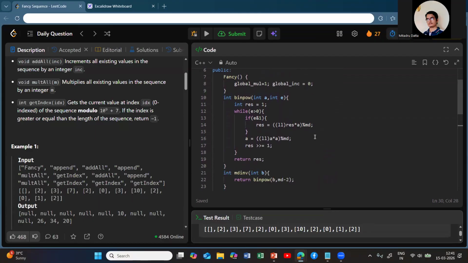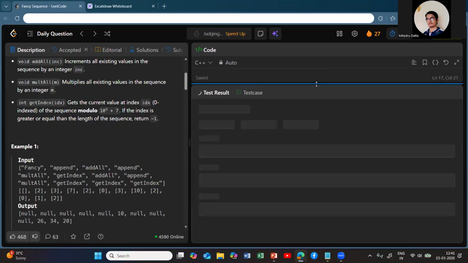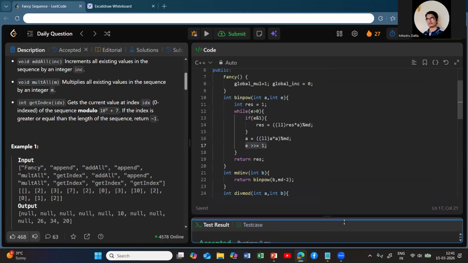You first initialize them. This is the binary exponentiation function. You have e greater than 0. Okay, I wrote this function wrong. Exponent is the thing which you are moving, right? Yeah, need to be careful while doing this. Yeah, now we got the accepted thing.